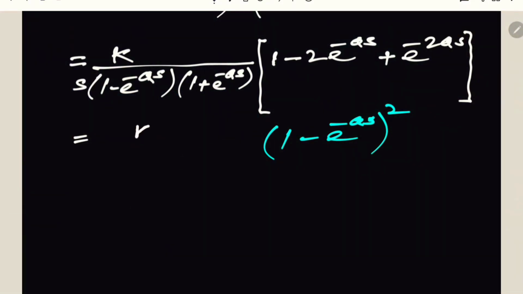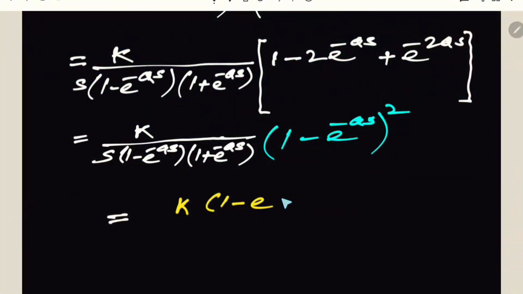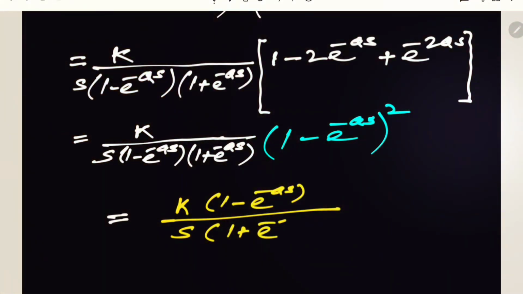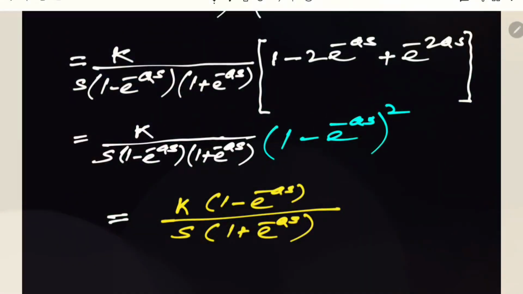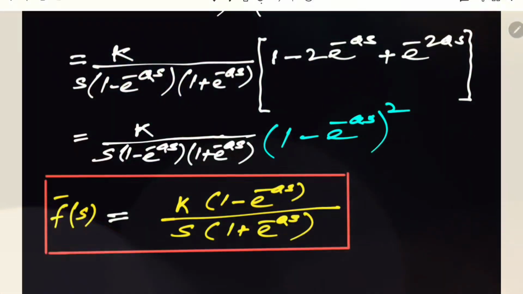Other terms as it is, 1 minus e raised to minus as and 1 plus e raised to minus as. One term gets cancelled with that 1 minus e raised to minus as. Therefore, the remaining terms are k multiplied by 1 minus e raised to minus as whole, divided by s into 1 plus e raised to minus as, the required Laplace transform of that periodic function, f bar of s, the required answer.